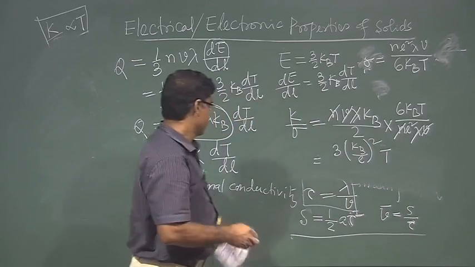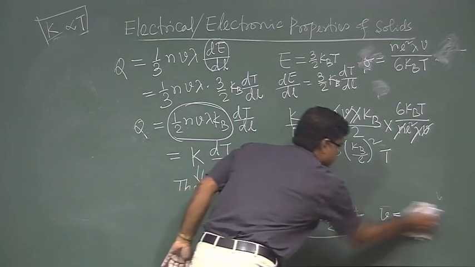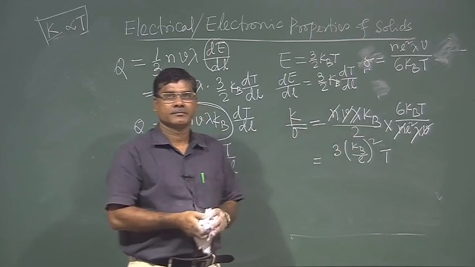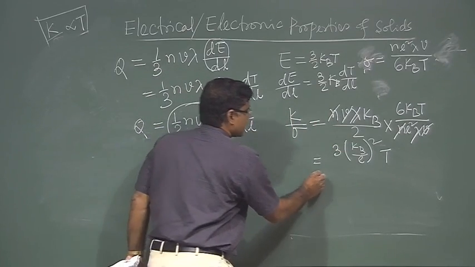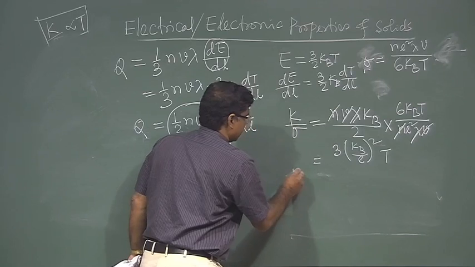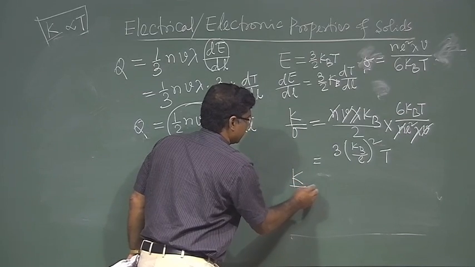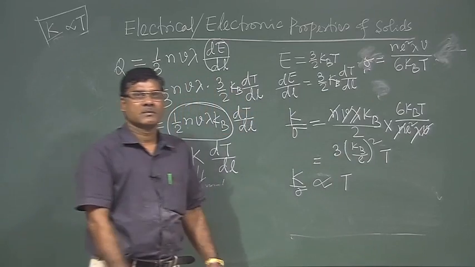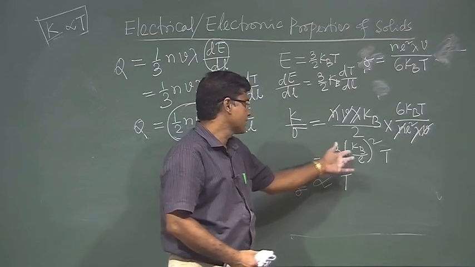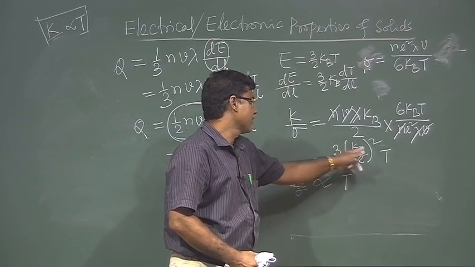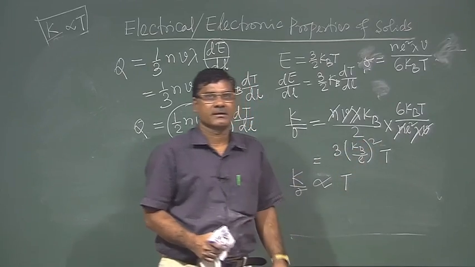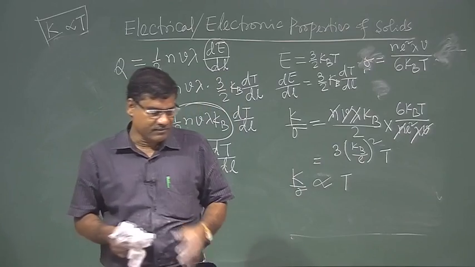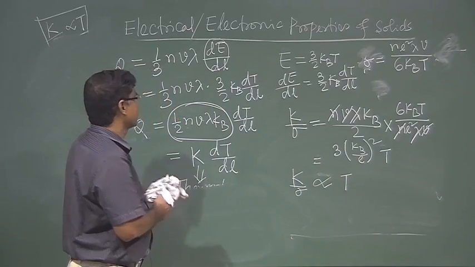So, obviously K by sigma is proportional to T, and this proportionality constant is 3 kB by e whole square. So, that is the Wiedemann-Franz law, as I mentioned.